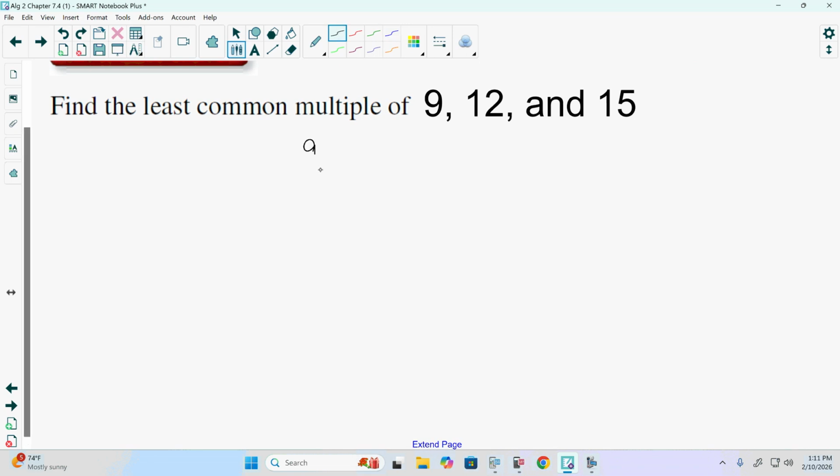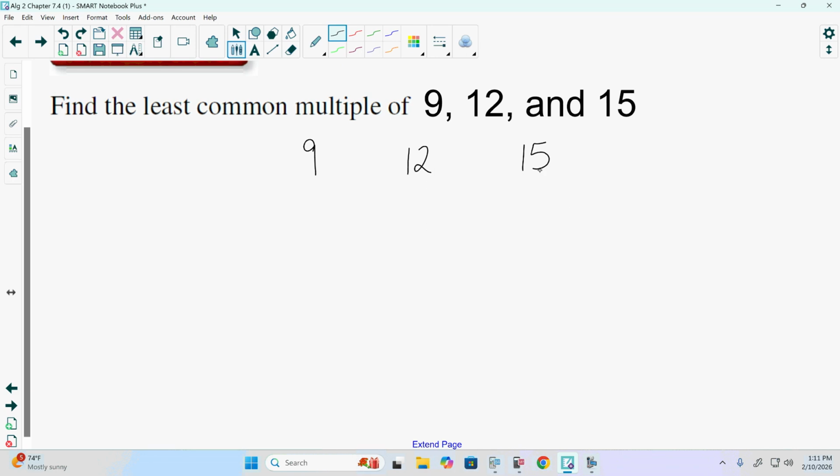Least common multiple with 9, 12, 15. And again, there's nothing wrong, absolutely nothing wrong with me going through and doing 9, 18, 27, 36, 45, 54, 63, 72, 81, 90, 99, 108, writing all those out, and then doing it with 12, then doing it with 15.